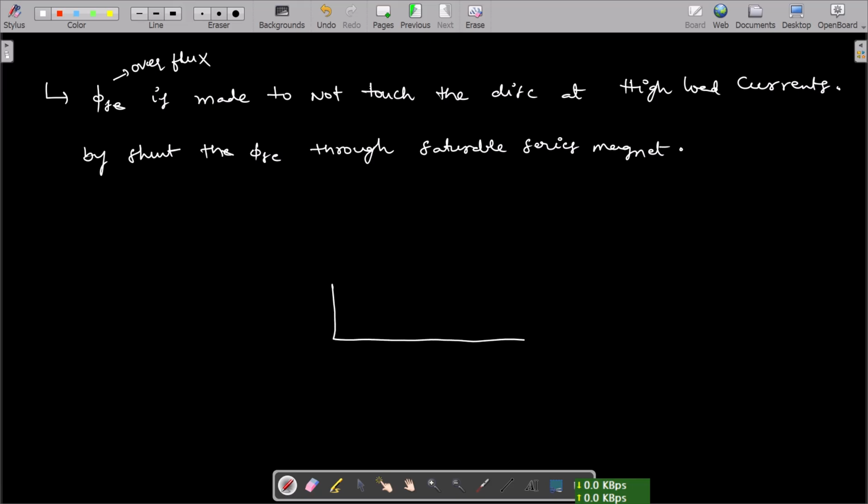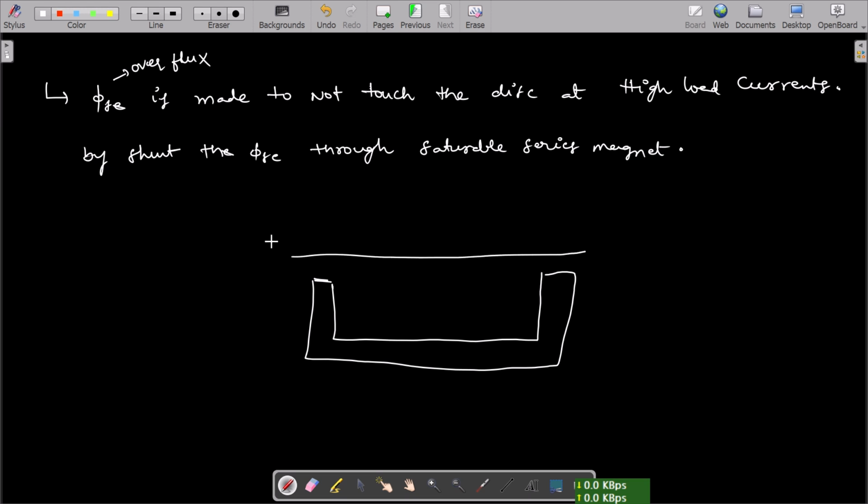This is the actual series magnet, no? And we are going to have the disc like this. This is the disc, okay? And the saturable series magnet will be there like this.